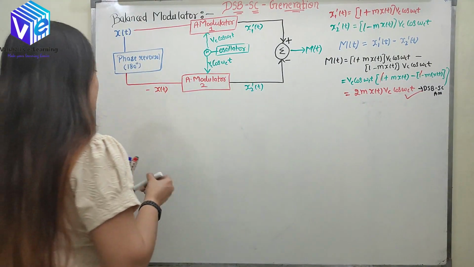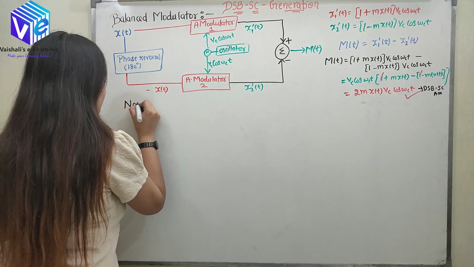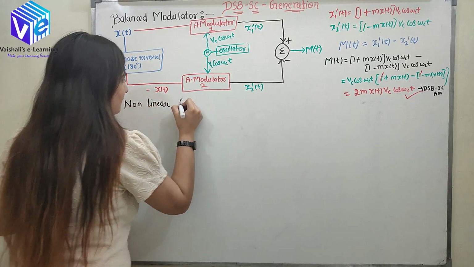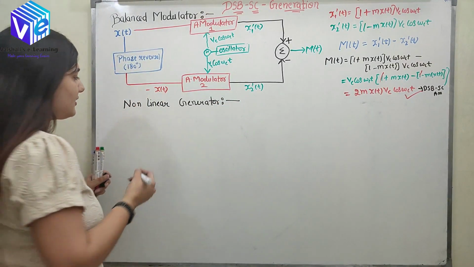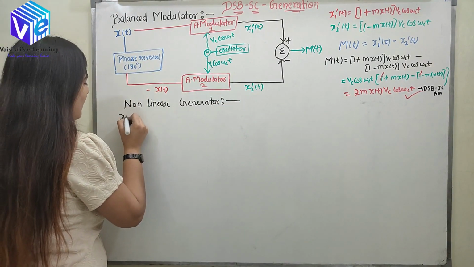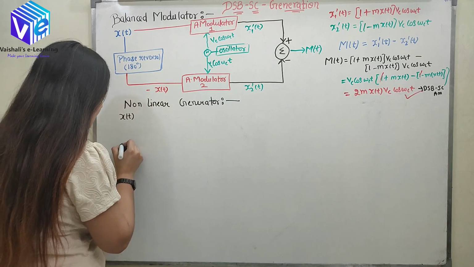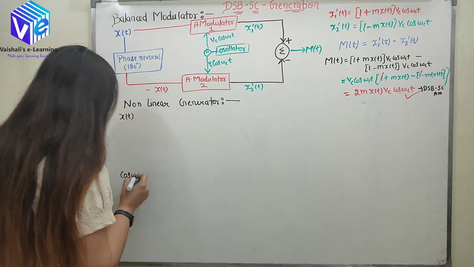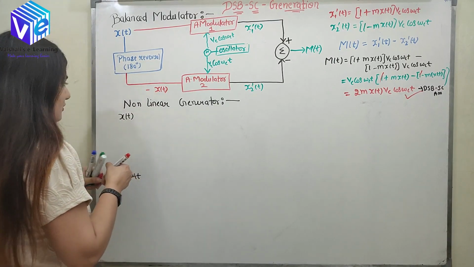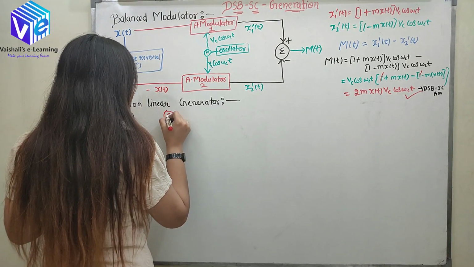So now we will be seeing the non-linear generator. Again, in the non-linear generator, first we will see the block diagram. So again I have x(t) and cos(omega_c t). Now here I have an adder.